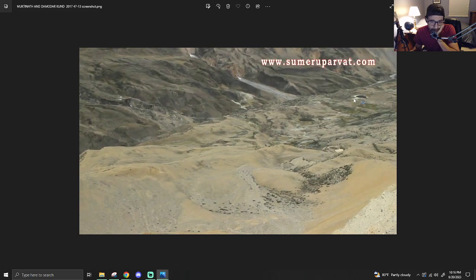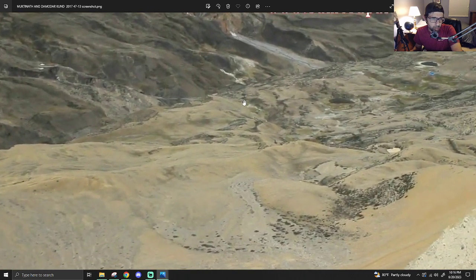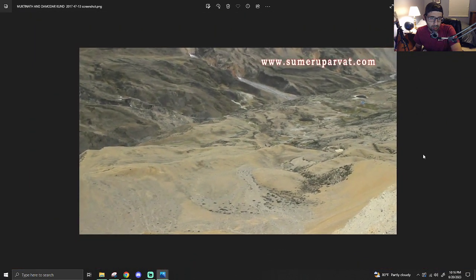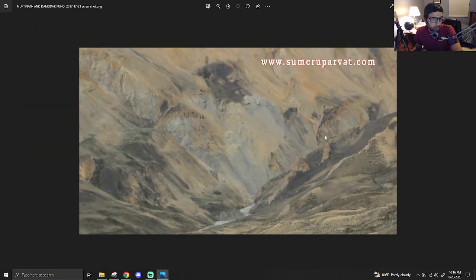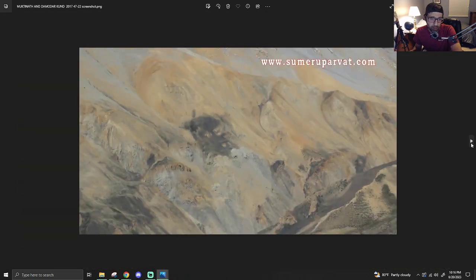So here's some other lakes. There's the Damodar Kund over there. Here's some other lakes. Possibly some other... They're not permanent lakes. I don't know. And then we get to this, where we've got all these circular features of pressure points, where this one is the top of the ramp.